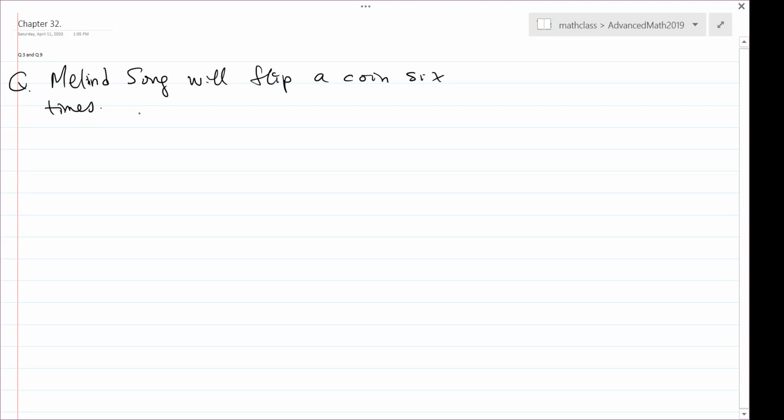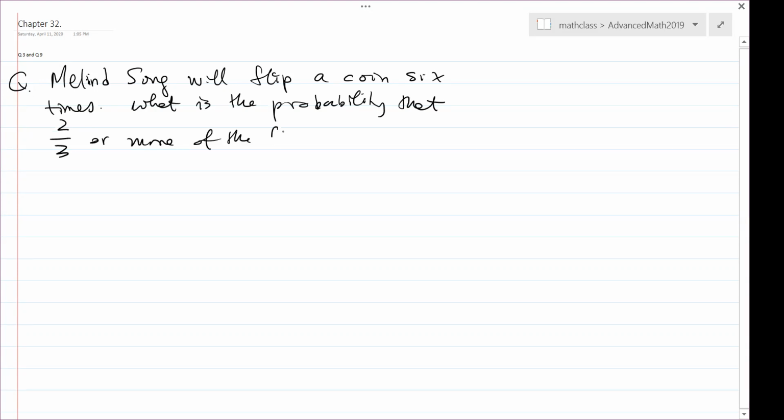So what is the probability? Let's do this problem. What is the probability that 2 over 3 or more of the flips will be heads?